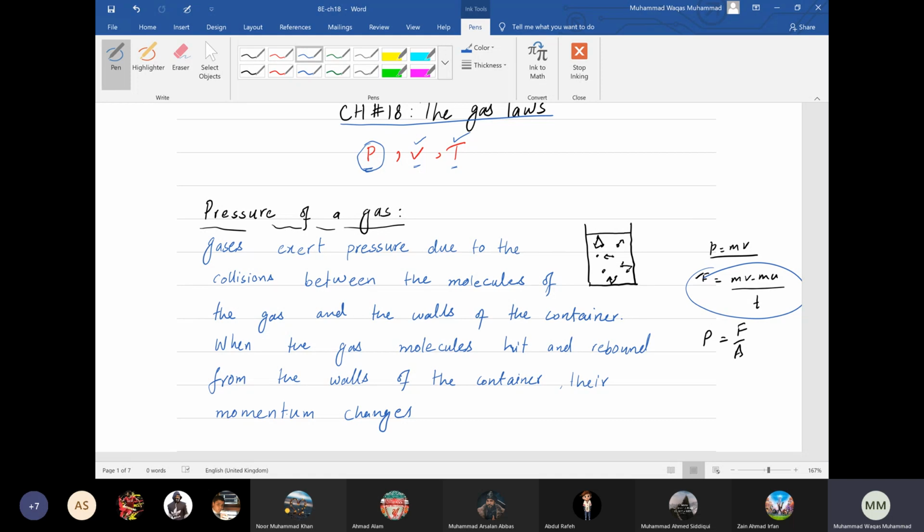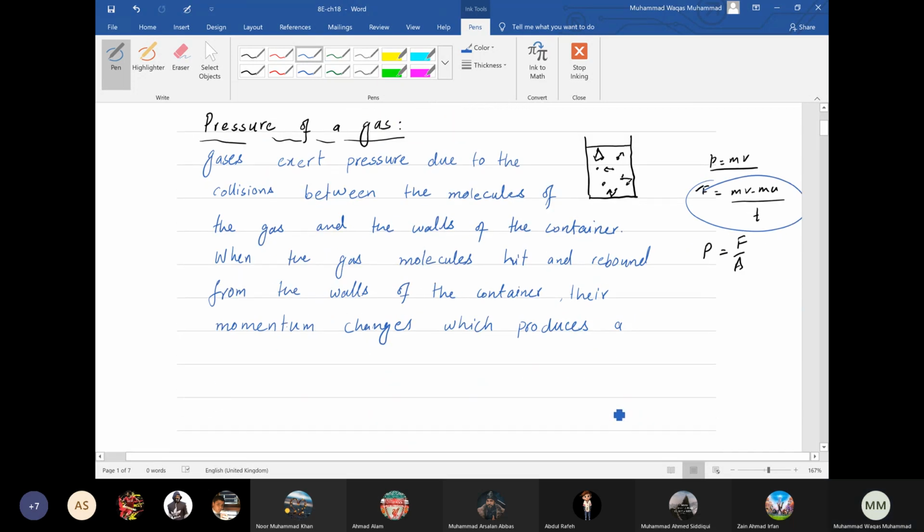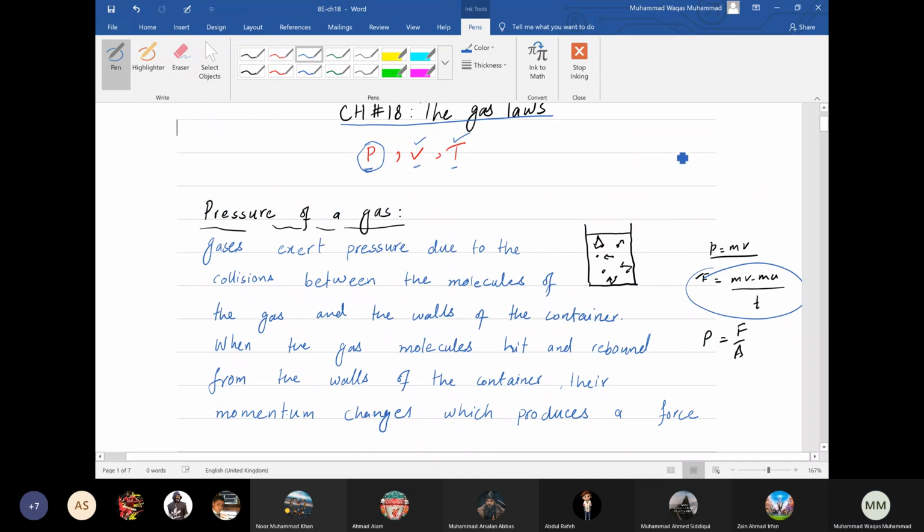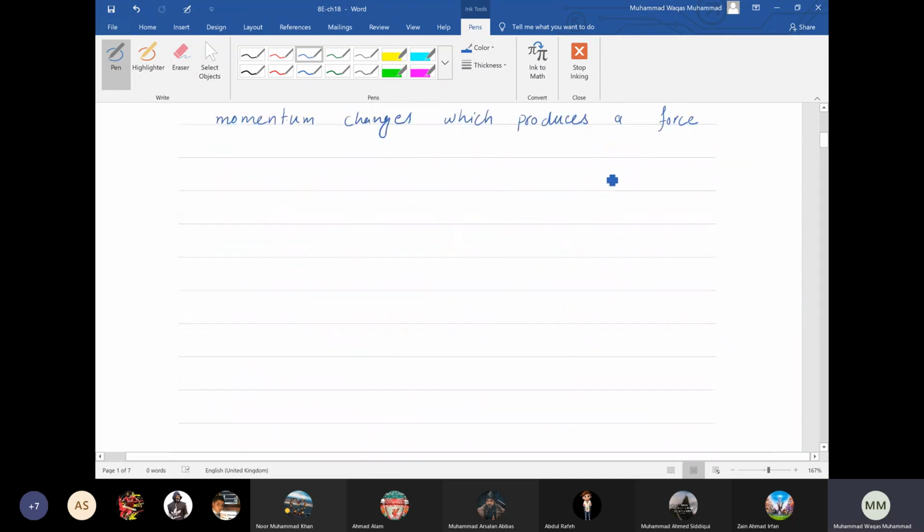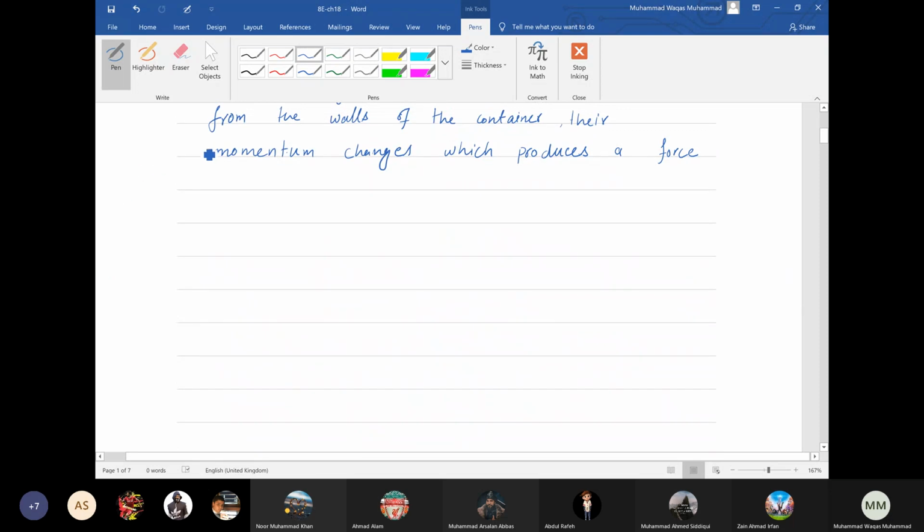So their momentum changes, which produces a force.